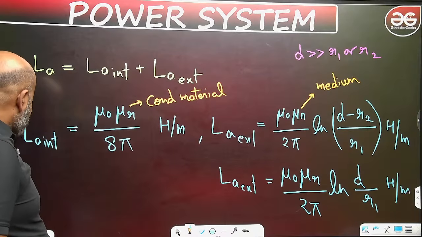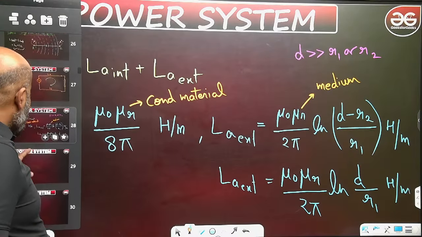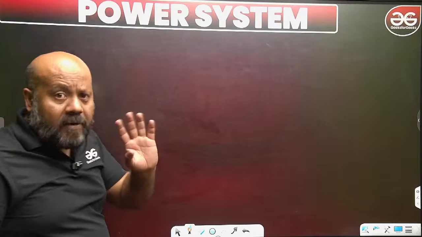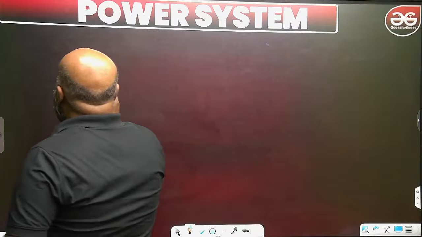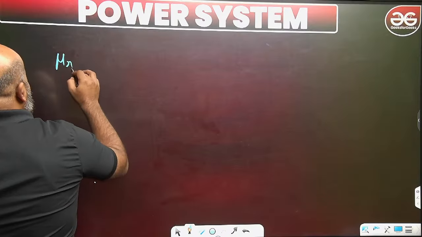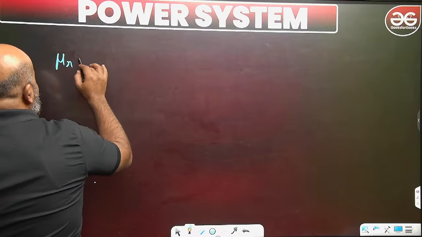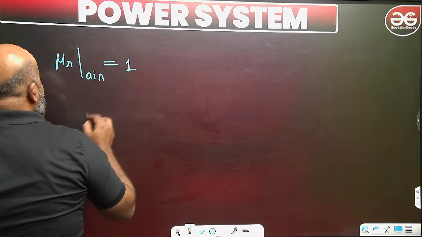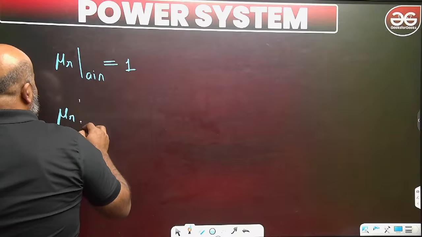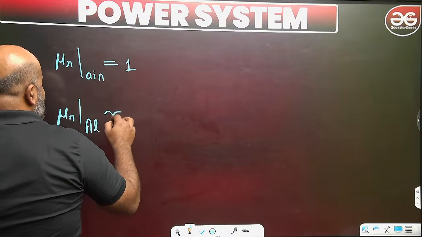Now you see, sometimes in our life, something happens without any effort. We don't make any effort and we get things. This happens with everybody. If you see by chance what is happening, mu r for the air medium is 1, and mu r for aluminium is approximately 1.